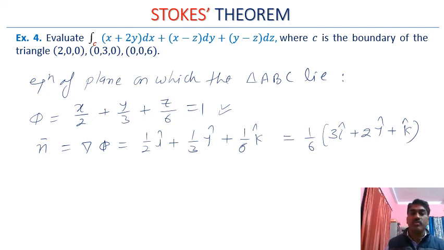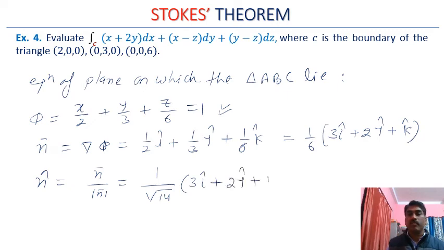So this is n, and then n cap is n by the magnitude of n. So this you can write as 1 by root 14 into 3i plus 2j plus k. So this is our unit normal.